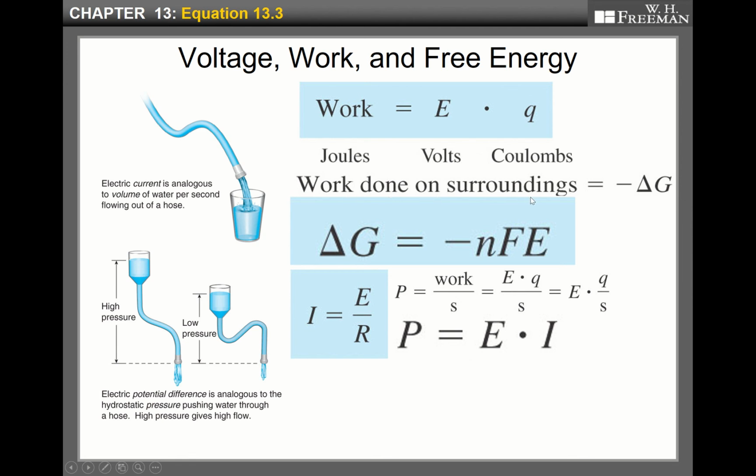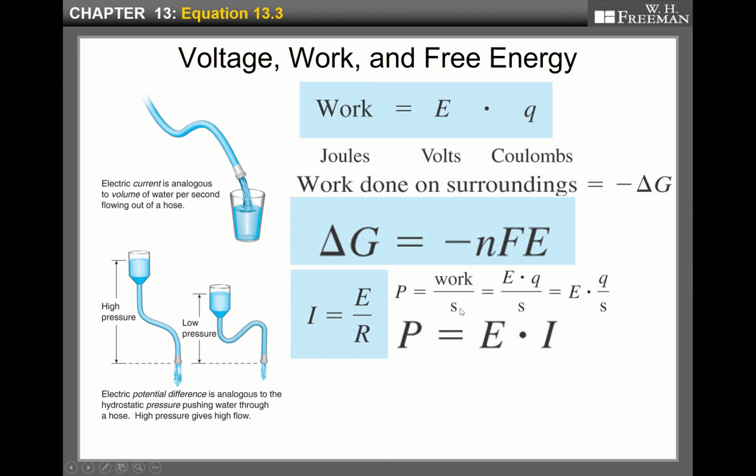Work done on surroundings. From the second law of thermodynamics, you'll find that the Gibbs free energy change is related to electrochemical work. It is given by this equation: delta G, this is Gibbs free energy change, equals minus NFE. The exact derivation is found in the physical chemistry textbook or a more advanced electrochemistry textbook.